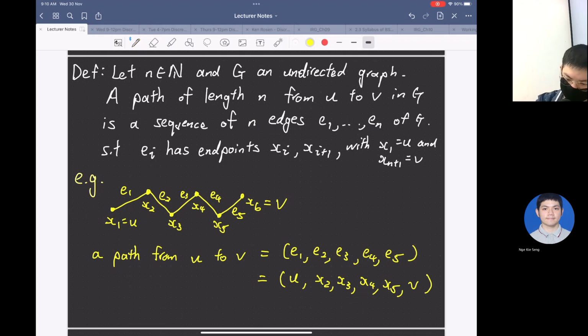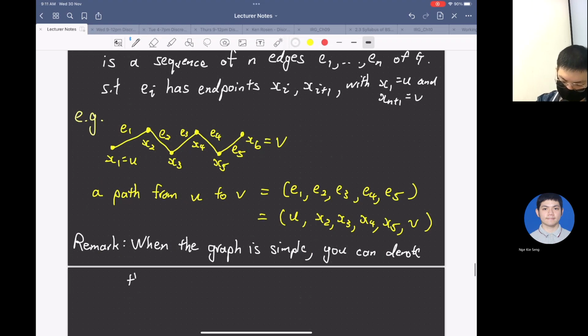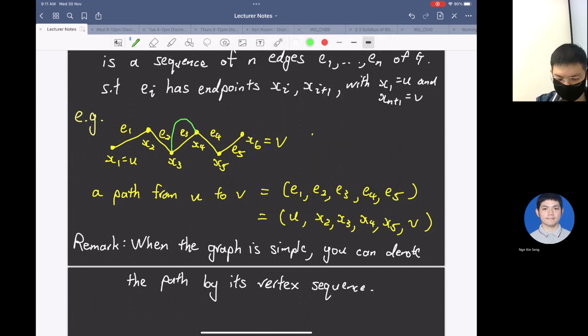Okay, so let me write it down. When your graph is simple, you can denote the path by vertices, because you don't have ambiguity about which path you are taking if you are going from s3 to s4.